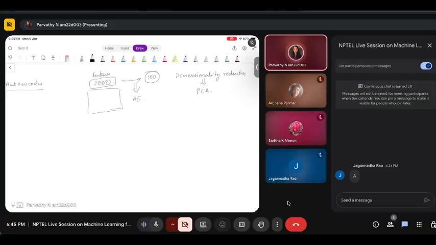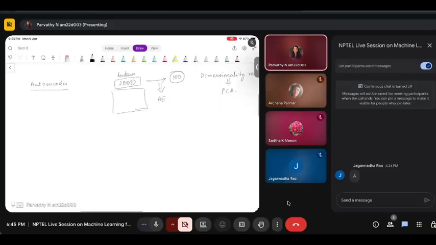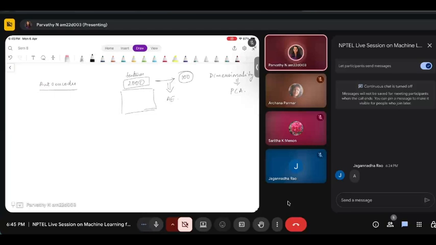Because what happens in an autoencoder is, say I take an image of a cat. Imagine this is a cat. An autoencoder has many layers.